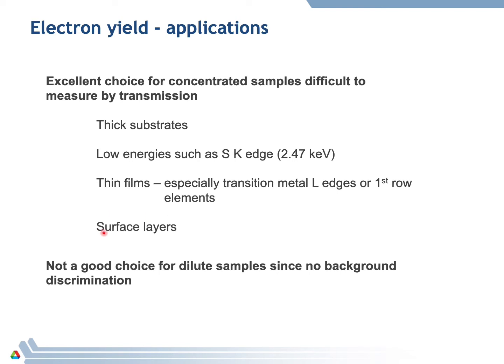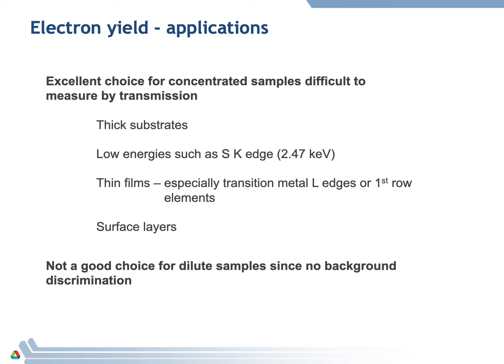And it can enhance the signal from surface layers. So if you have, say, a film sample where you want to enhance the contribution from the thin oxide layer on the film, electron yield could be a good choice. It's not a good choice for dilute samples since there's no background discrimination.